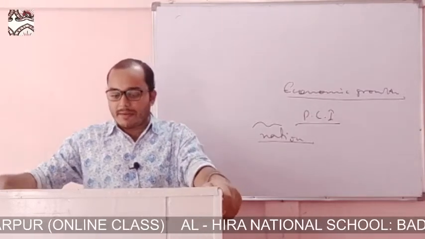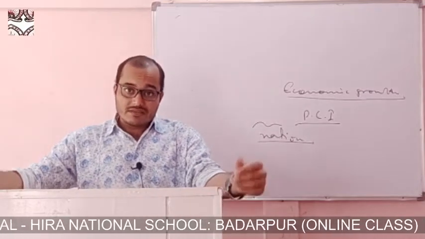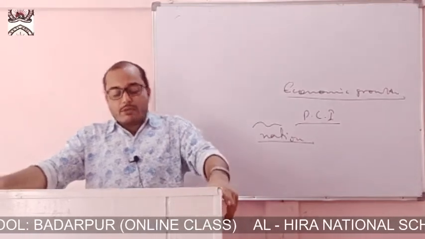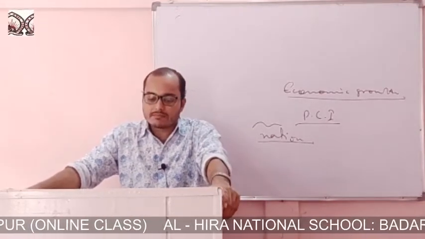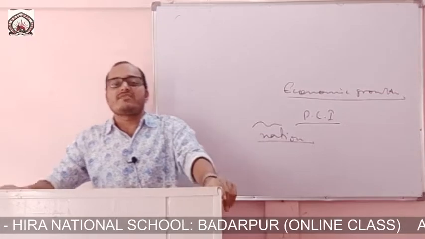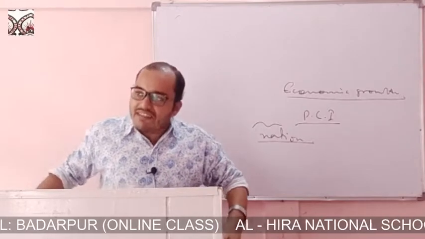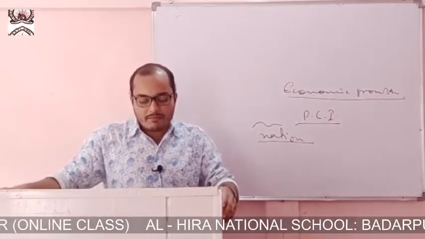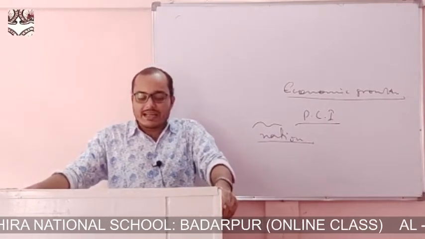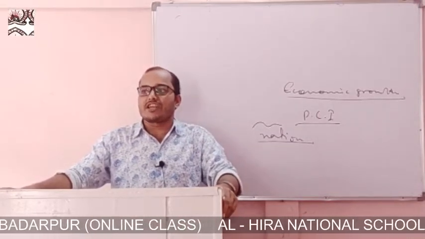Next is human development. Human development means the expansion of the collective choices of the people. Now what are the collective choices? The Human Development Index and Human Development Report were first published in 1990 by Mahbub ul Haq, a Pakistani economist. There are three indicators of the human development index: life expectancy, literacy, and standard of living.